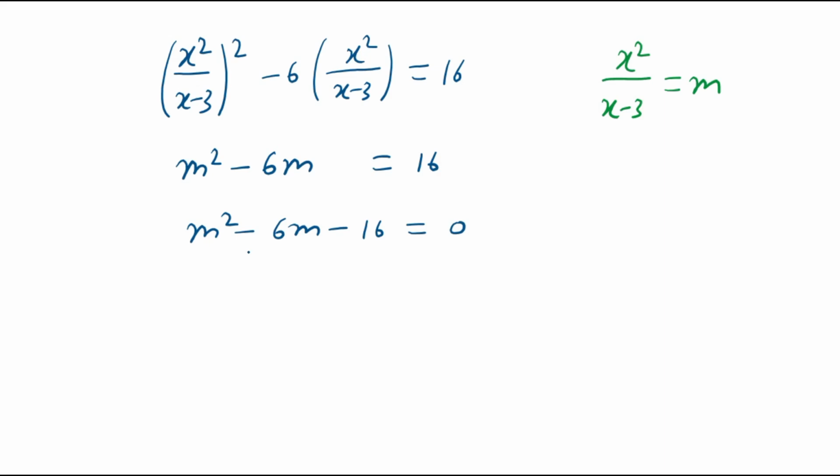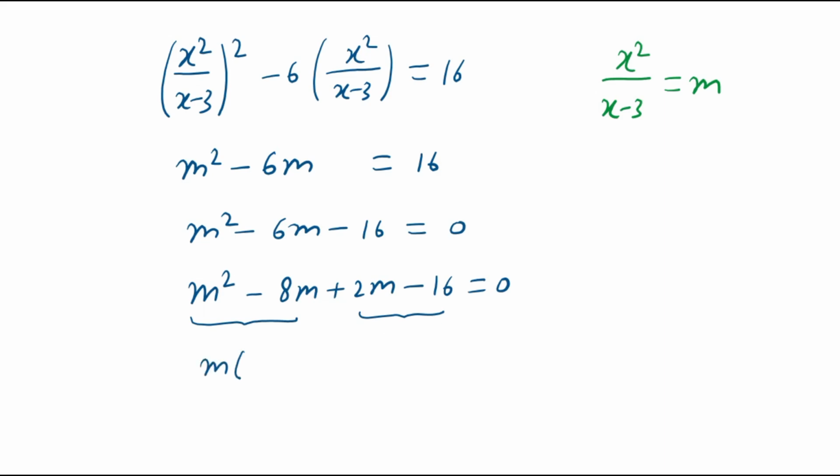So first we will factor this quadratic equation by using middle term split. m² − 6m is the same as m² − 8m + 2m − 16 = 0. Look carefully at the first two terms and then the last two terms. If we take m common in the first two terms, we get m(m − 8), plus if we take 2 common, 2(m − 8).